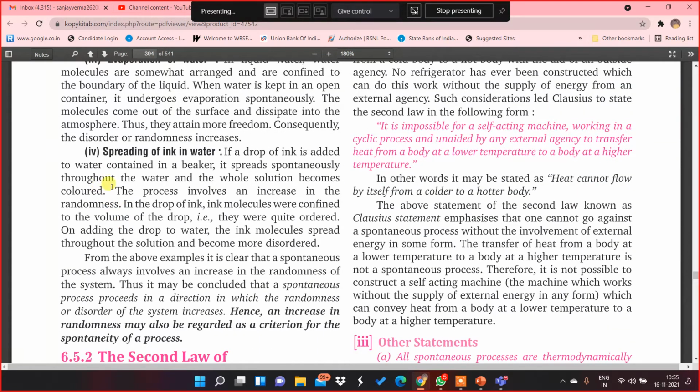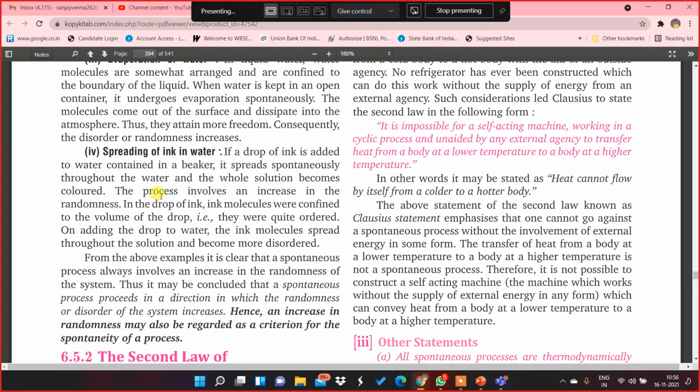Then, spreading of ink in water. If we add a drop of ink to water contained in a beaker, it spreads spontaneously throughout the water, and the whole solution becomes colored.